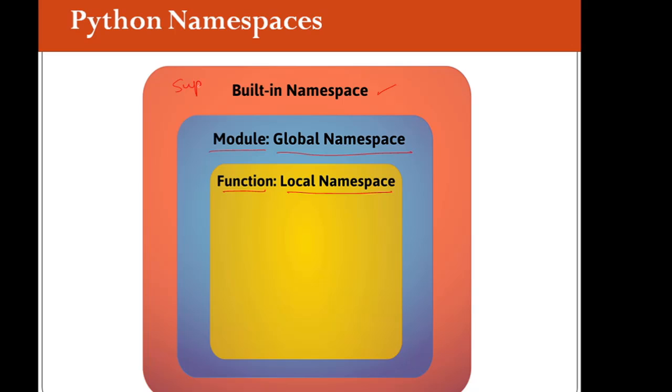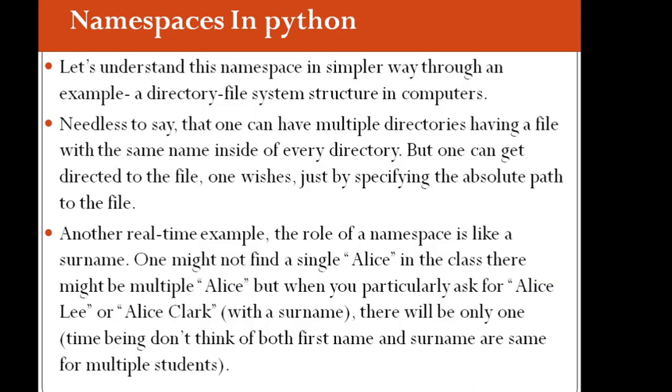So this is super, then sub, and then sub, right? We can have more examples on this. Let's understand this namespace in a simpler way through an example of the directory file system structure in computers.